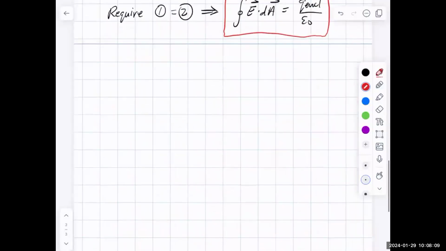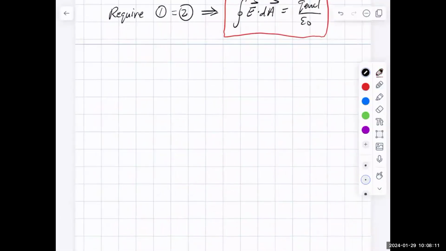Okay, so how are we going to do that? Well, what we're going to do is just try to do the calculation.